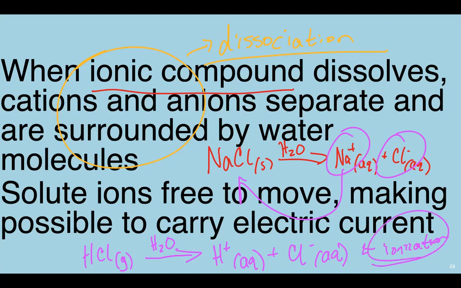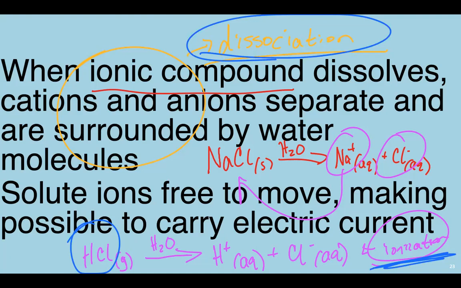This is actually creating ions where there were no ions before, because the bond that exists between hydrogen and chlorine in HCl is covalent. It's not an ionic bond. So there are no ions in HCl, but by dissolving the gas in water, you're actually creating ions where there were not ions before. That is called ionization, but there is a difference between dissociation and ionization.